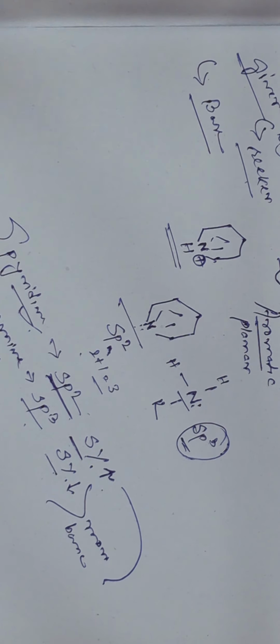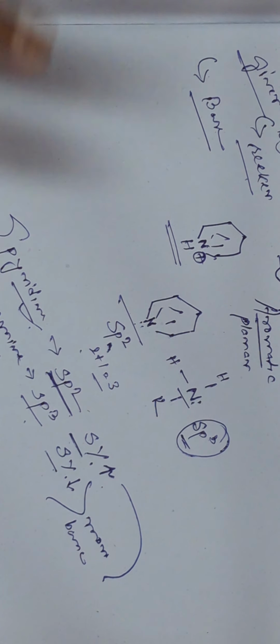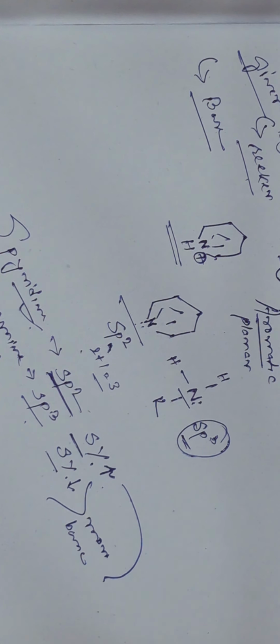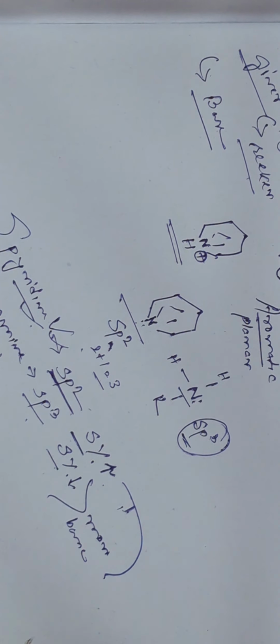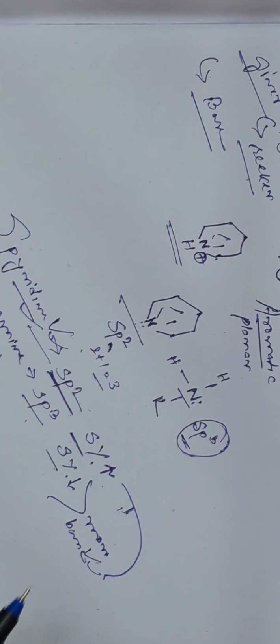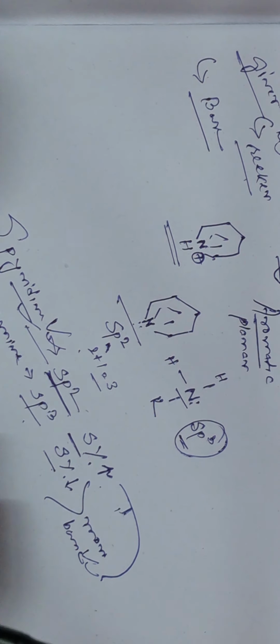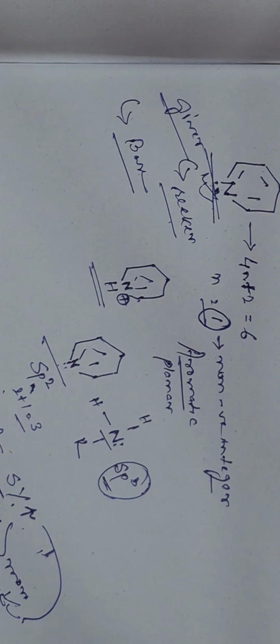So on the basis of percentage S character we can say that pyridine is less basic, because the one with more S character is not ready to give its electron as easily as the one in which S character is lower. So that is why pyridine is less basic, or aliphatic amine is more basic than pyridine. With that we are concluding the basicity of pyridine. So we are done with the second point, that is the basicity of pyridine, right?